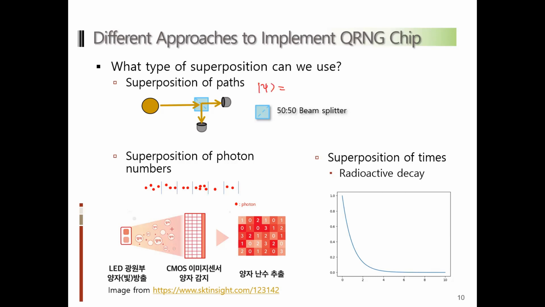If I write this one as the transmitted case and this one as the reflected case, then the quantum state of this photon can be expressed as 1 over square root of 2 times transmitted plus reflected. Every phenomenon related to this beam splitter can be explained in terms of quantum mechanics.